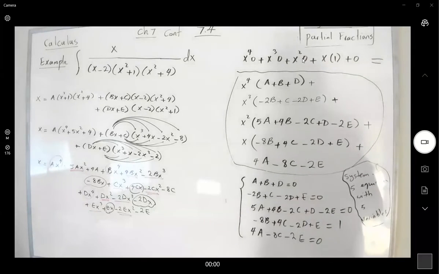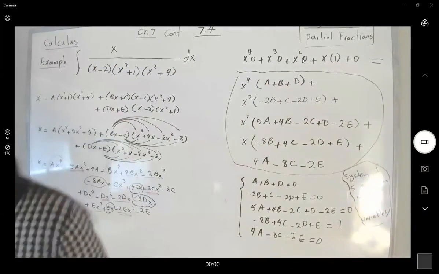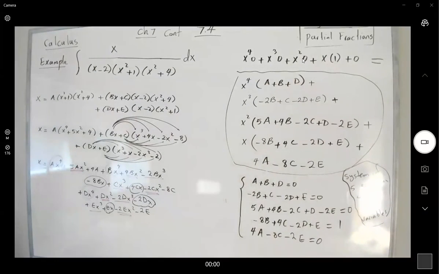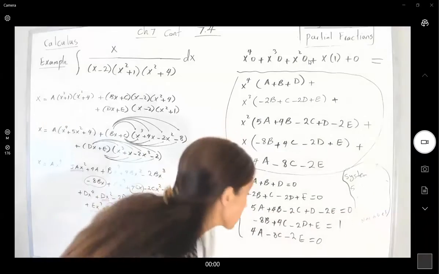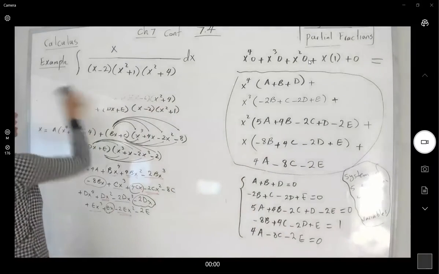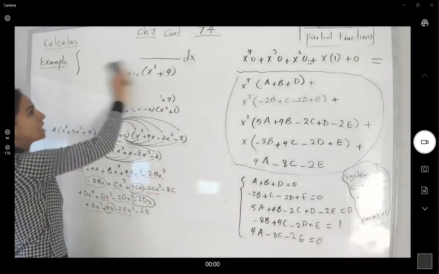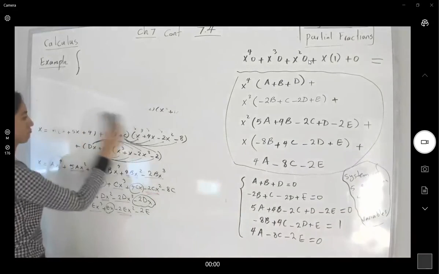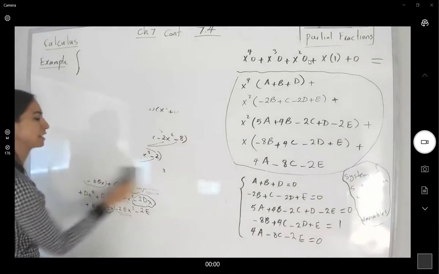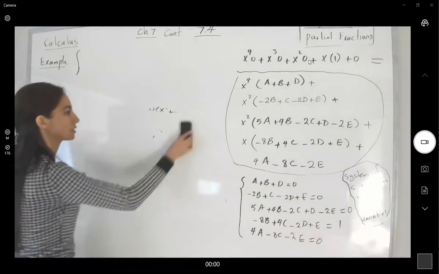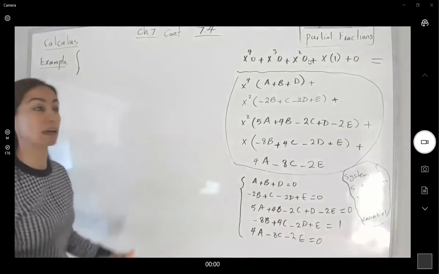You can start eliminating some of these, do the substitution, and find the missing values. Very well. The last example is, what if we have an integral like this? What is our approach?